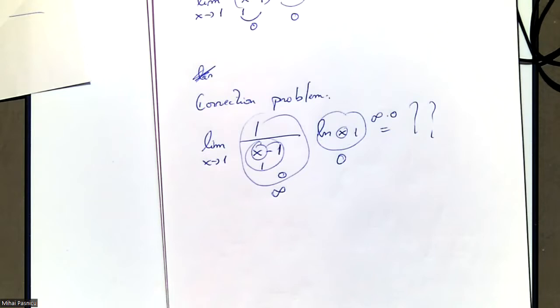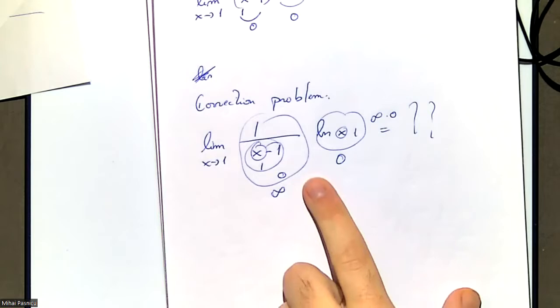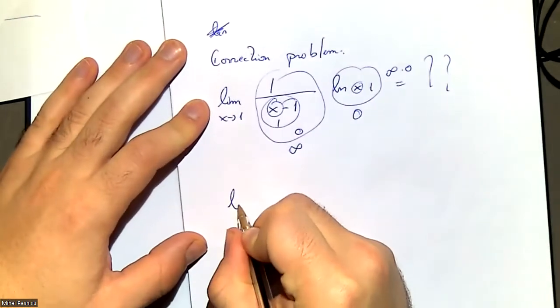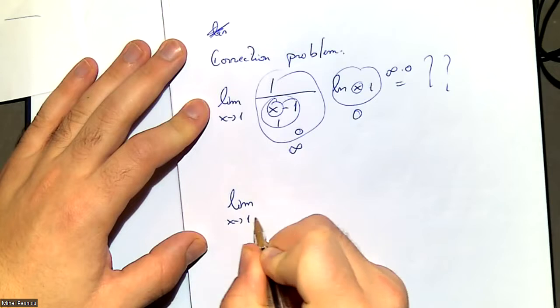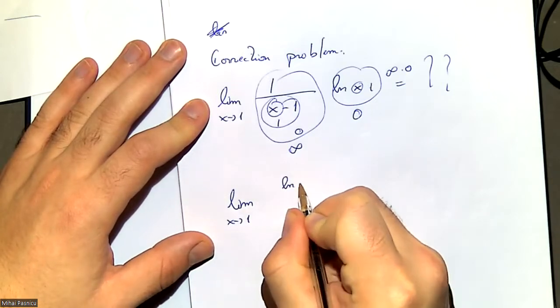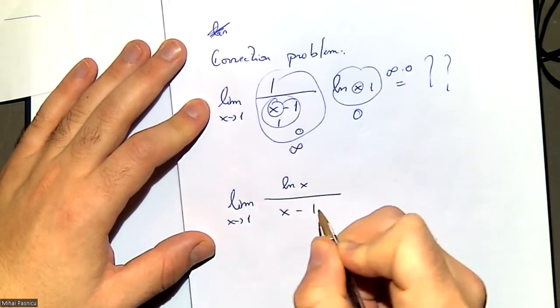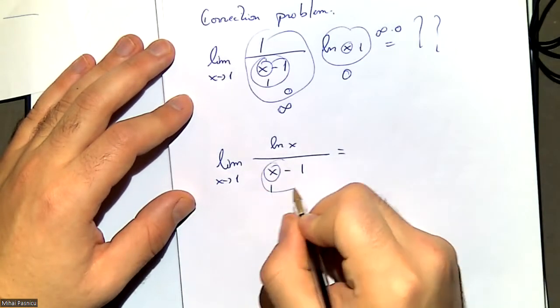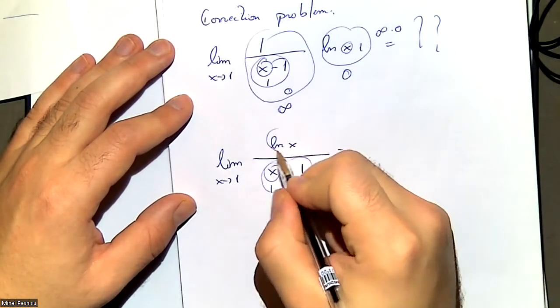So now, the standard strategy is to create your fraction and apply L'Hopital. Okay? Now, I've already given you the fraction. So your fraction is just limit x goes to 1 of ln of x over x minus 1. And again, this is 1, this is 0, this is log of 1, this is 0.